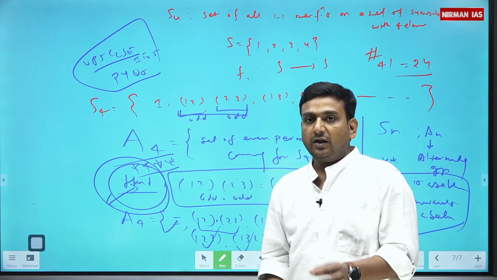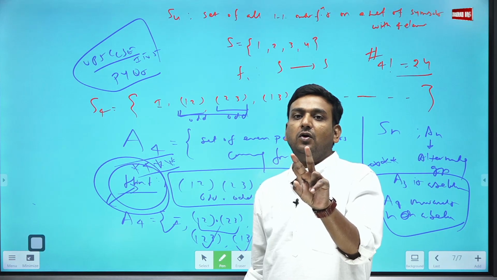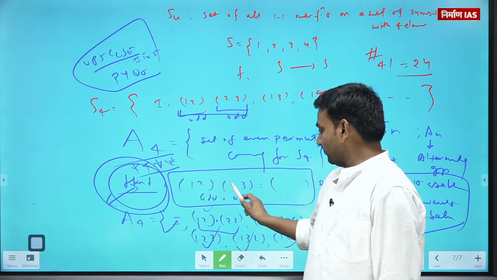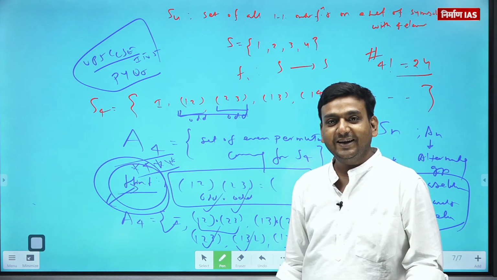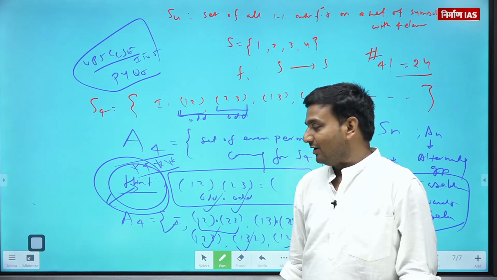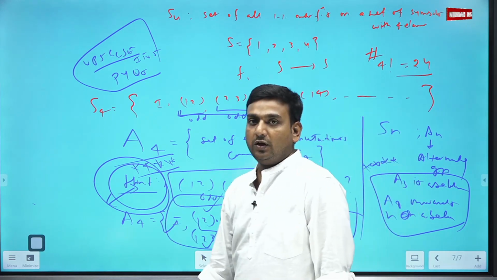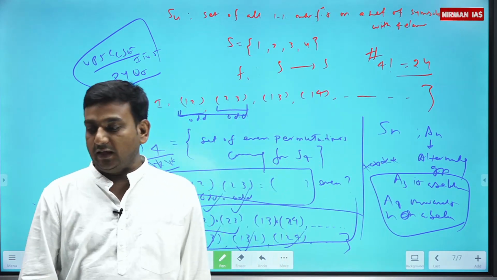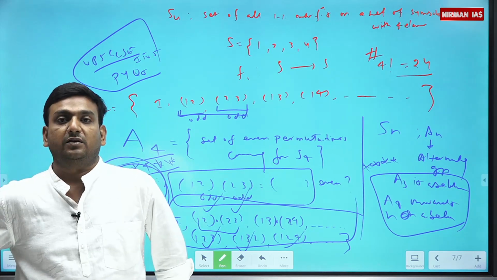Second category, composition of two cycles of even length. Is that clear to you all? So if you write like this, you can construct A4, and at the end of the day, I will suggest you guys to remember this A4.